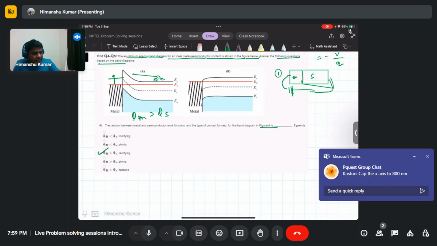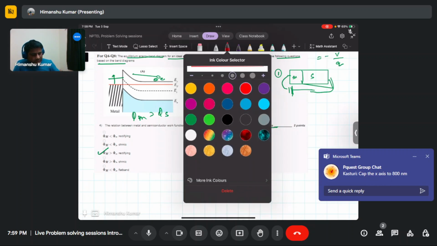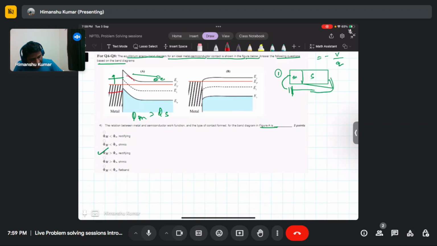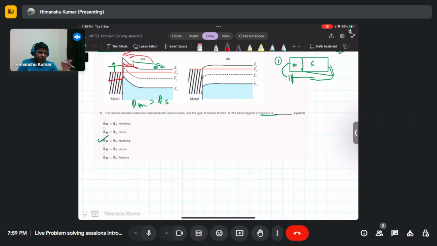In the other case, if you apply a positive bias, this barrier will get reduced, and it will become a bit lower compared to the normal case, so the electron can now jump this barrier, thermionic emission will take place, and you will see a conduction current and so on.